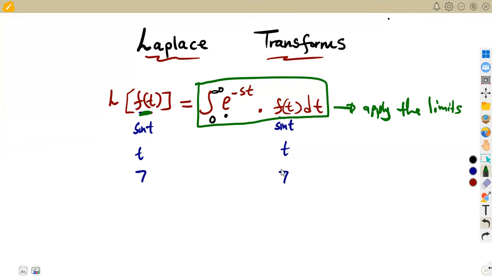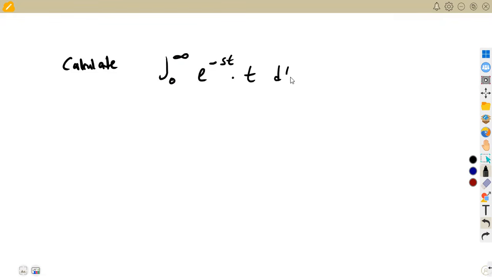So if I am given, for an example, let us take this one here. You might be given a question like this: calculate the integral of e to the exponent of minus st times t with respect to t.